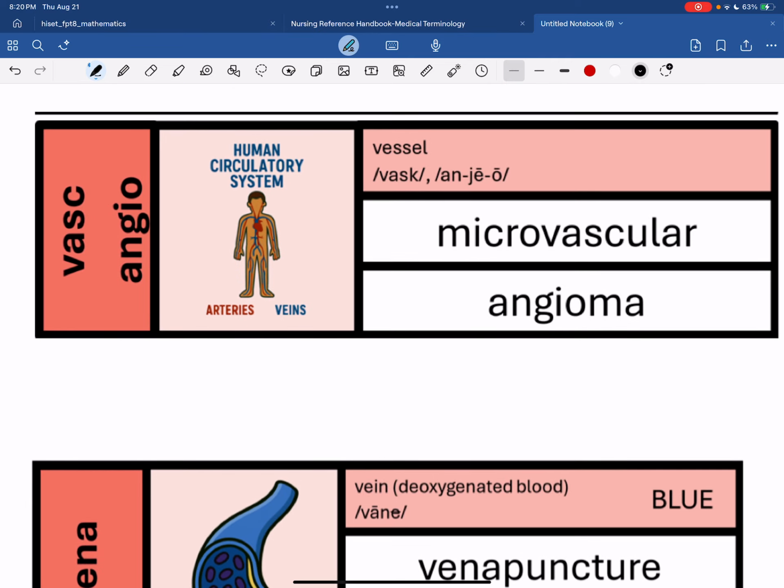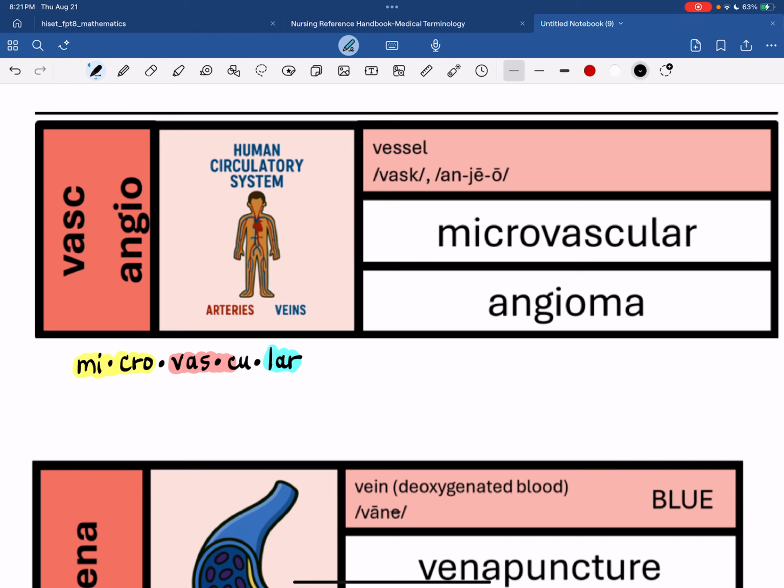microvascular. Micro, that's one of our prefixes. Vascular. Microvascular. Vasc is the root. Lur is a suffix that we did not study, but I'll go ahead and point it out.